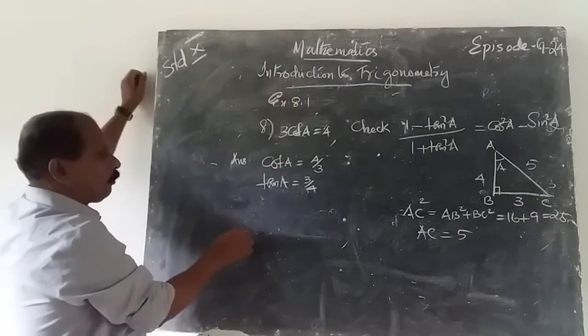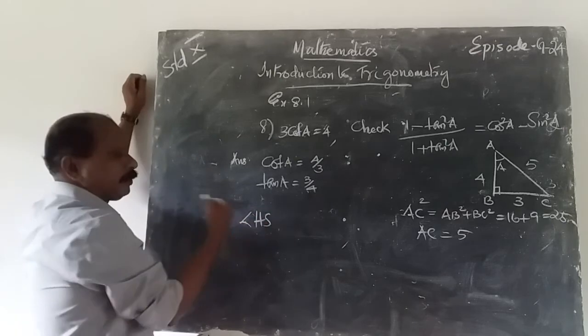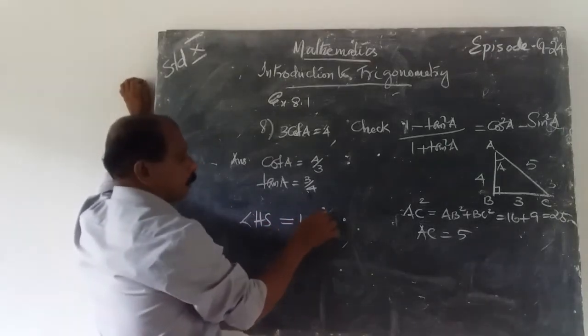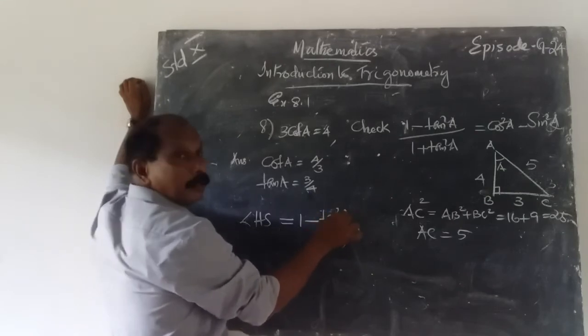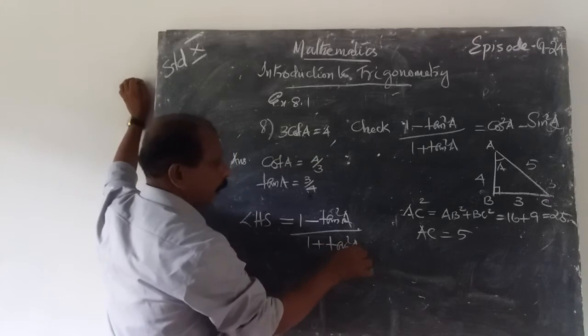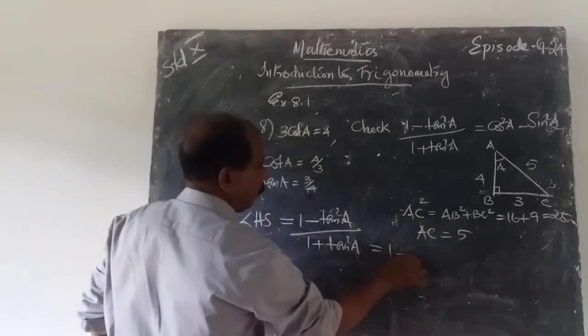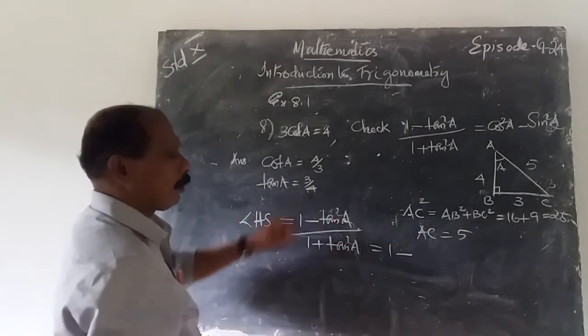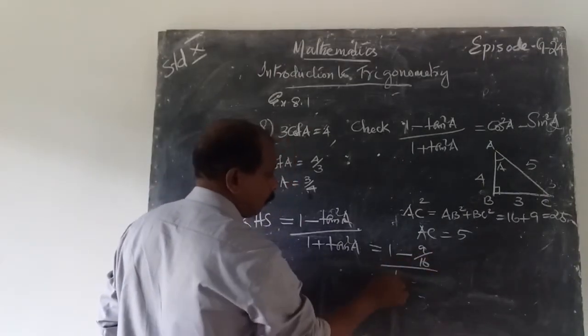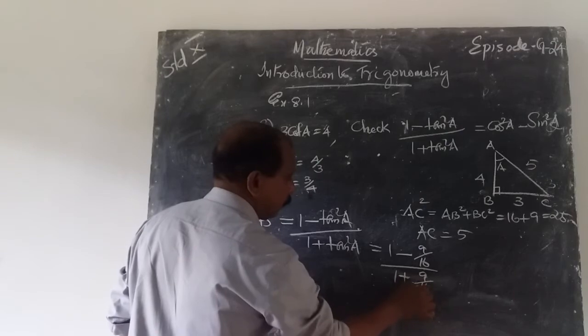Then LHS, left hand side, is equal to 1 minus tan square A by 1 plus tan square A. What is tan A? 3 by 4. Therefore, square is 9 by 16. So 1 minus 9 by 16 by 1 plus 9 by 16.